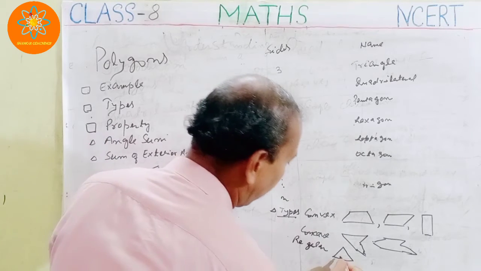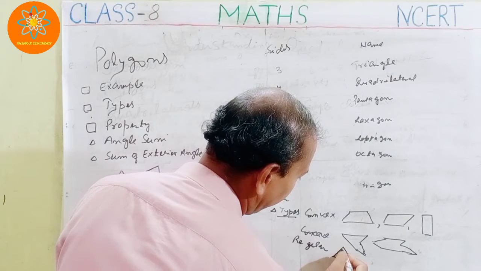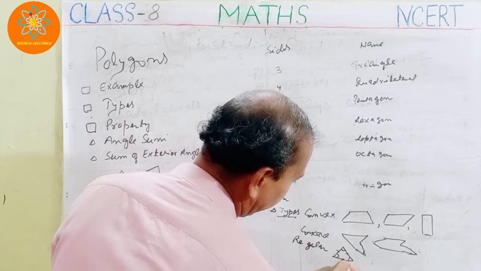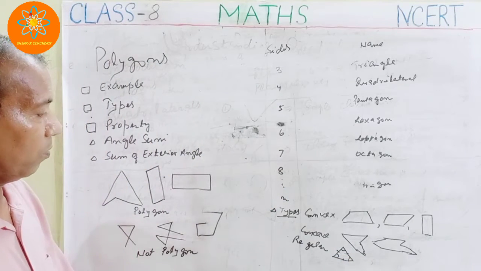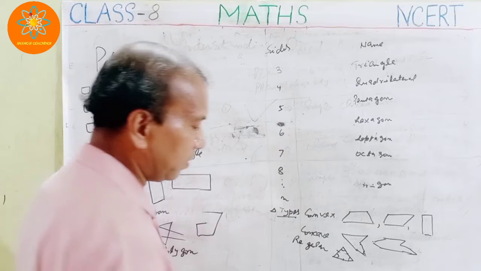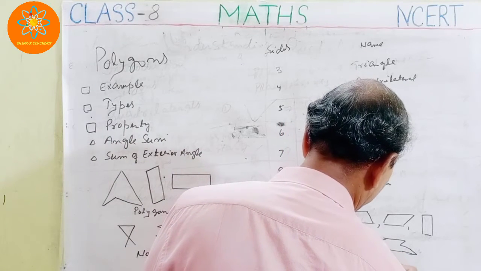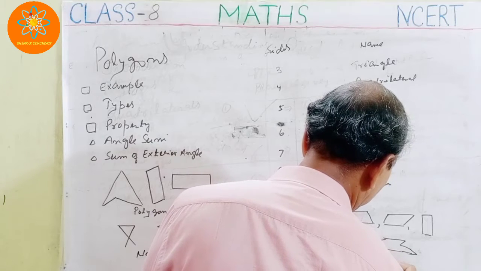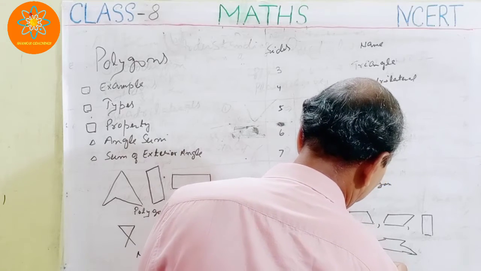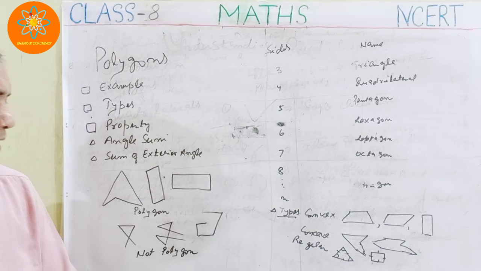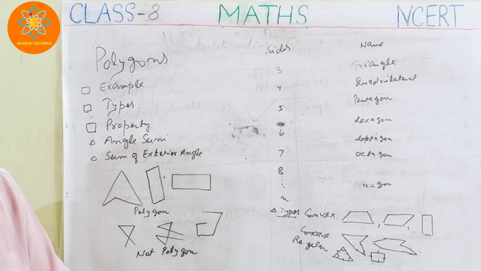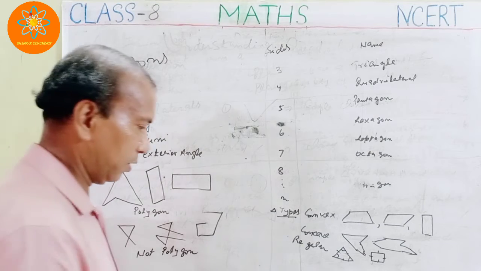In this, all angles are equal and all sides are equal. One more I will take, that is the square. This is also a regular polygon. In this all sides are equal and all angles are also equal, 90 degree. So it's a regular polygon.